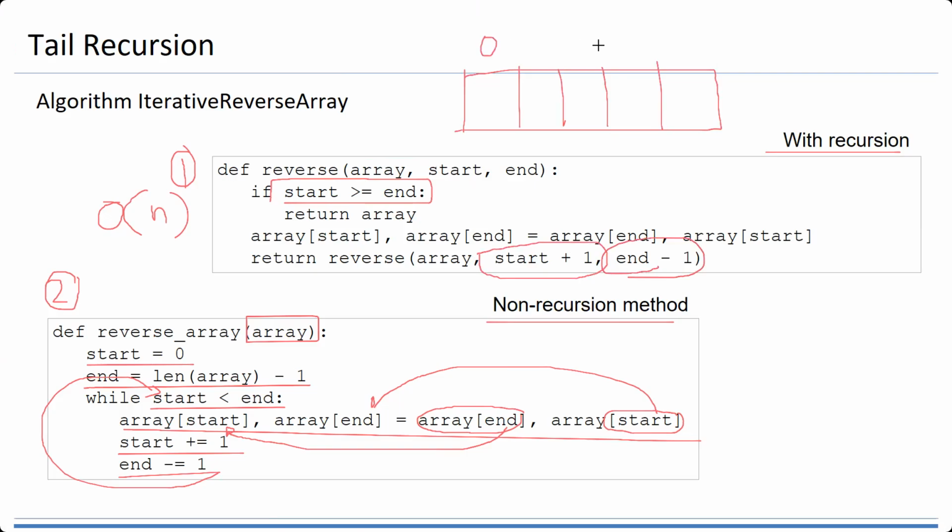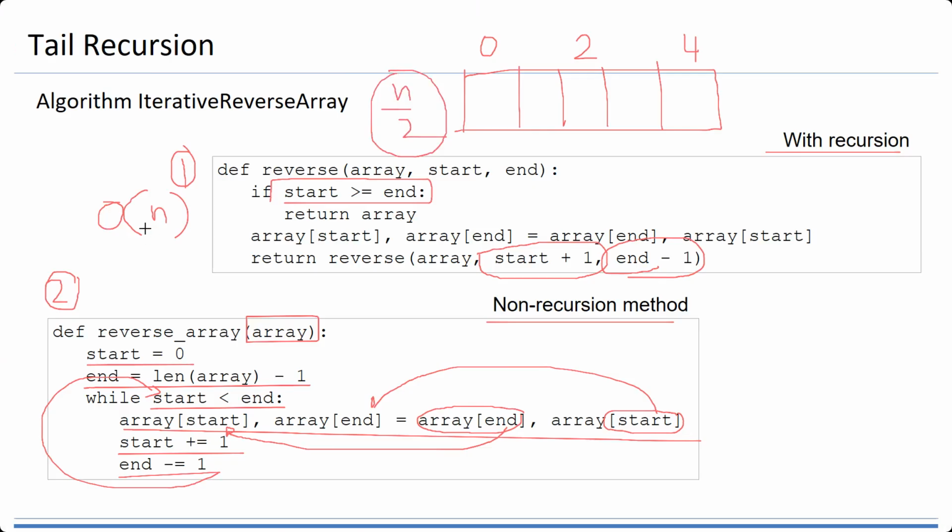This is the element index 0. This is the element index 4. Once we reach the middle index element, then we stop. So it means at least this kind of reverse array, it runs n divided by 2. Okay. N divided by 2.